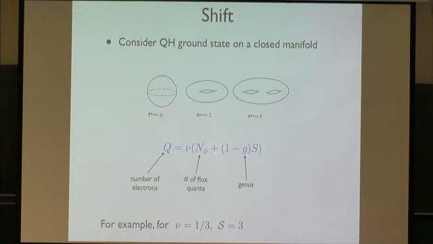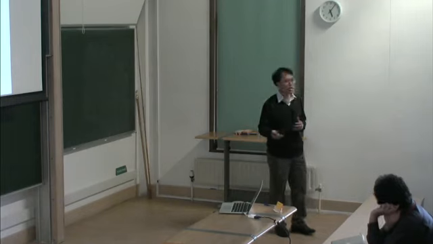However, there is a finite offset that depends on the genus of our manifold. The offset is proportional to 1 minus g times this coefficient s. g is a property of the manifold, and s is a property of the quantum Hall state.